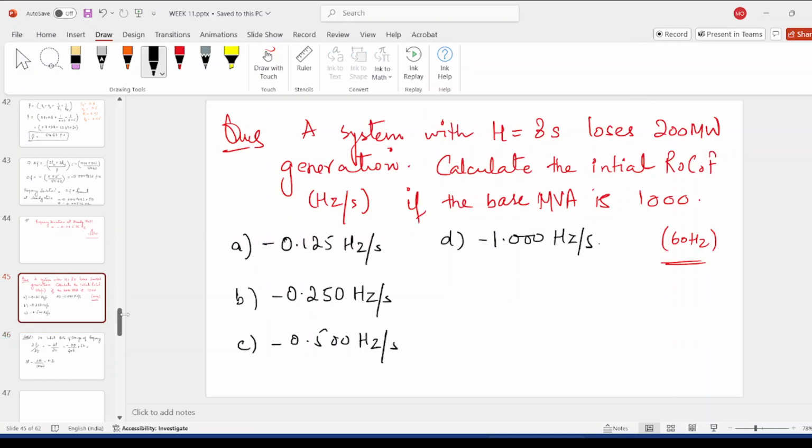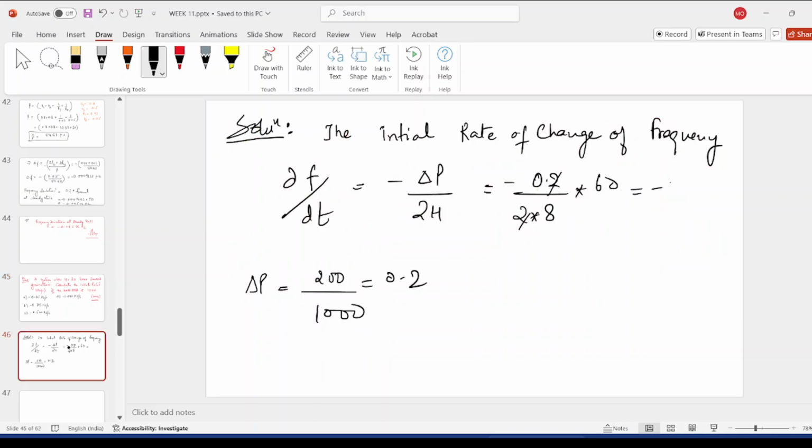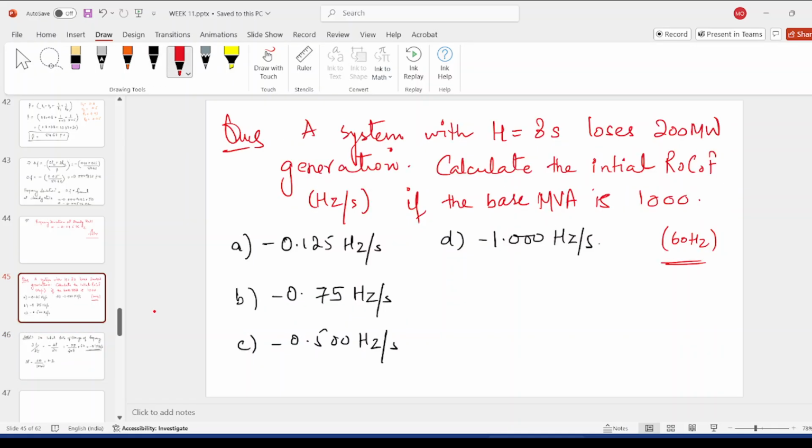Let me see what the options are. One option is wrong here; it will be minus 0.75 hertz per second. So based on this, the correct option is B.